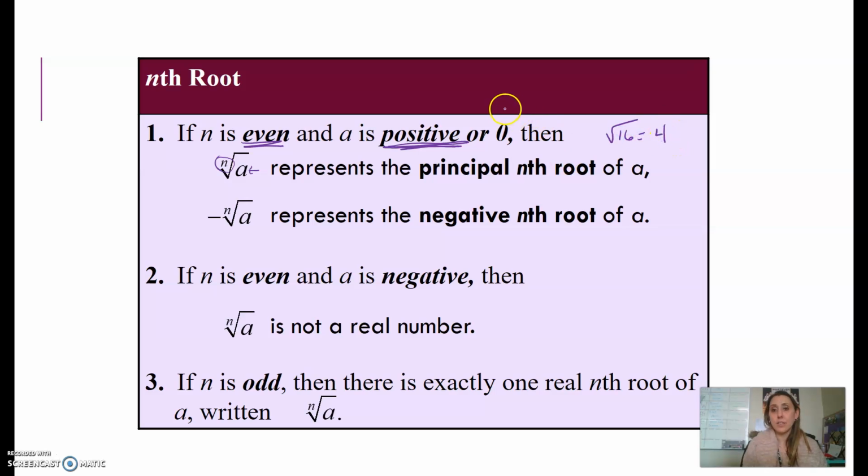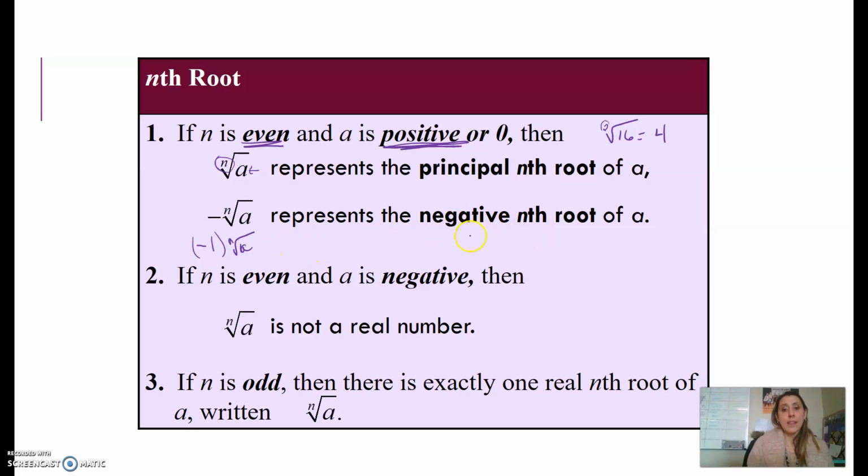We have an answer. Remember, if the number is not written here, it's a 2. That is an even number. This is a positive number. This one is saying if we have a -1 or a negative out in front of it, then that's like -1 times the square root or the nth root of a.